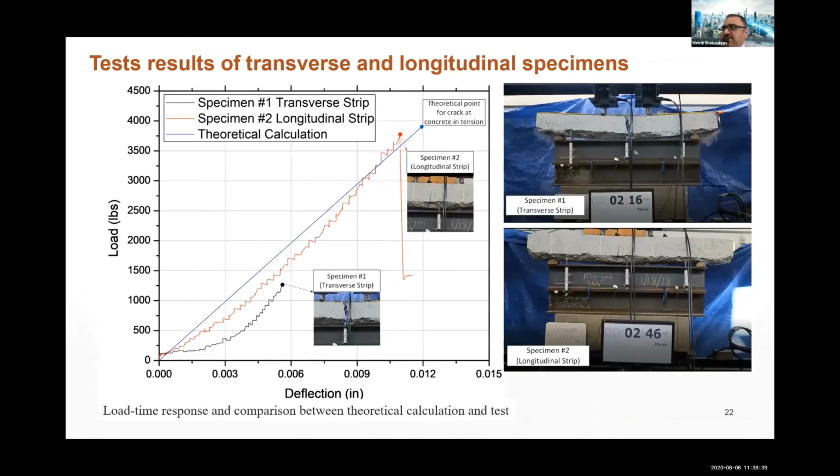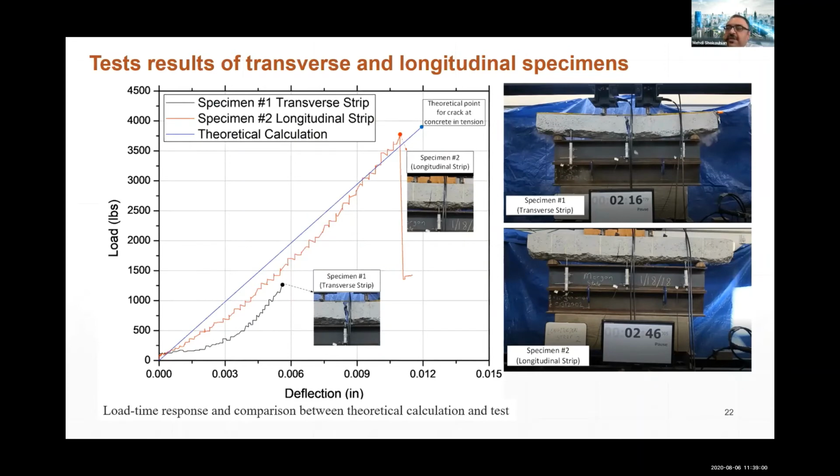All right, these are the results. So specimen 1 and specimen 2. The longitudinal strip was almost close to what we expected based on the actual design in Baltimore City.